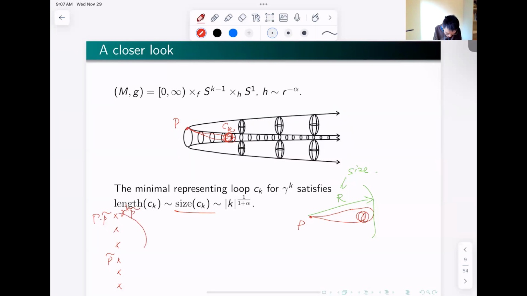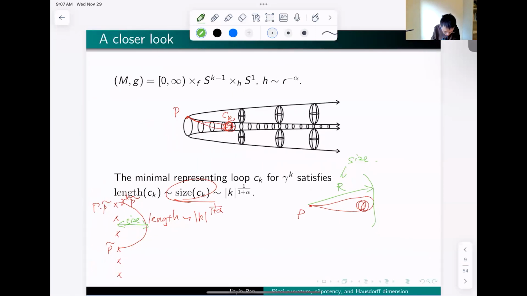So then this tells you the length of this is proportional to k to this power. And moreover, this size is gonna tell you how much it strays away from the orbit. So the picture more or less looks like this.